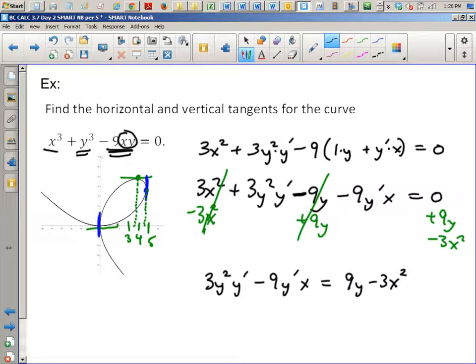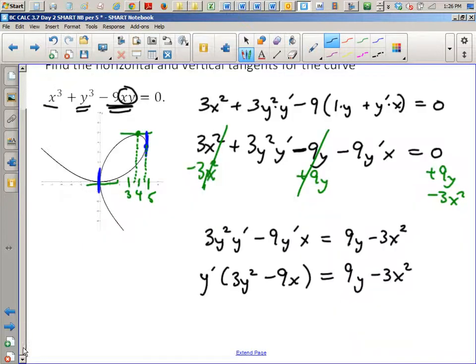And then I can factor out a y prime, which allows me then to divide both sides to isolate the y prime. So here's what my final answer is.